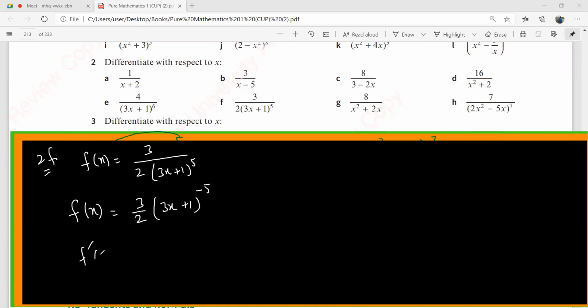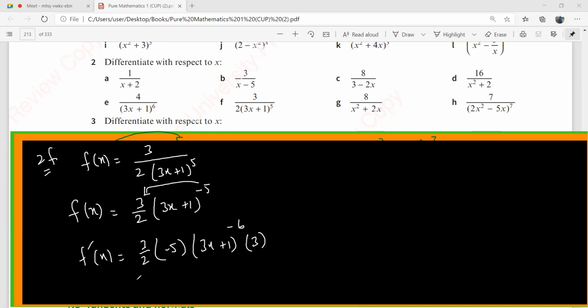So this f dash of x would be 3 over 2 into this minus 5. That is, the power is to be multiplied by this, and then 1 taken from the power. This would further become minus 6. Okay. And then the derivative of this expression which had the power. So this is 3.